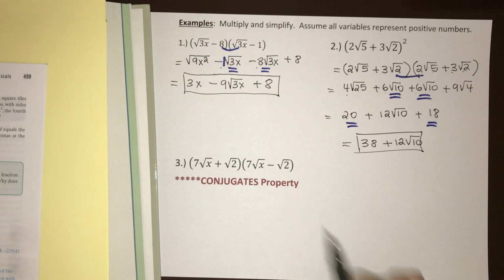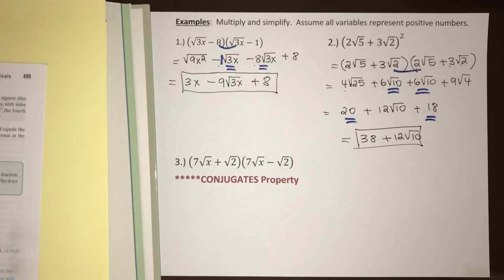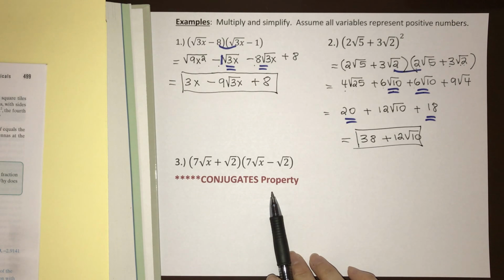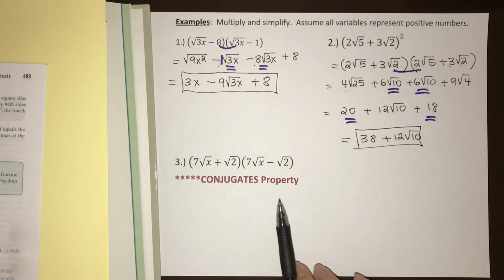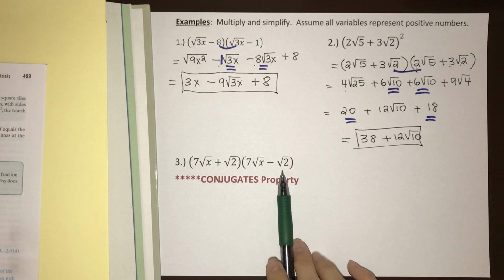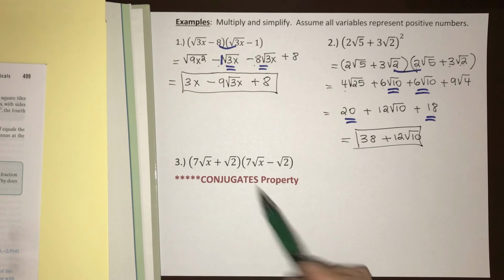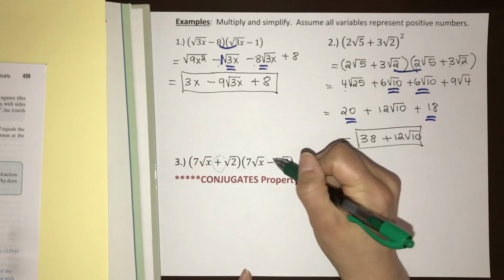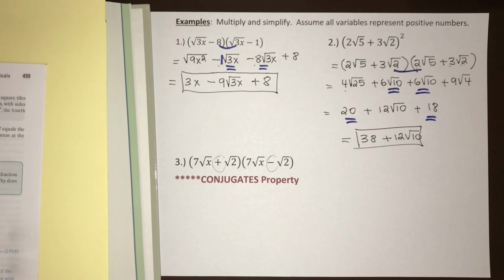Last example, important example, because we need to use what we learn from this last example for division of radicals, which is the next video. But this is important. What you want to notice here is that we have two binomials. However, the only difference between them is the sign. This is plus, this is minus. Everything else is the same. If that happens, they are called conjugates.